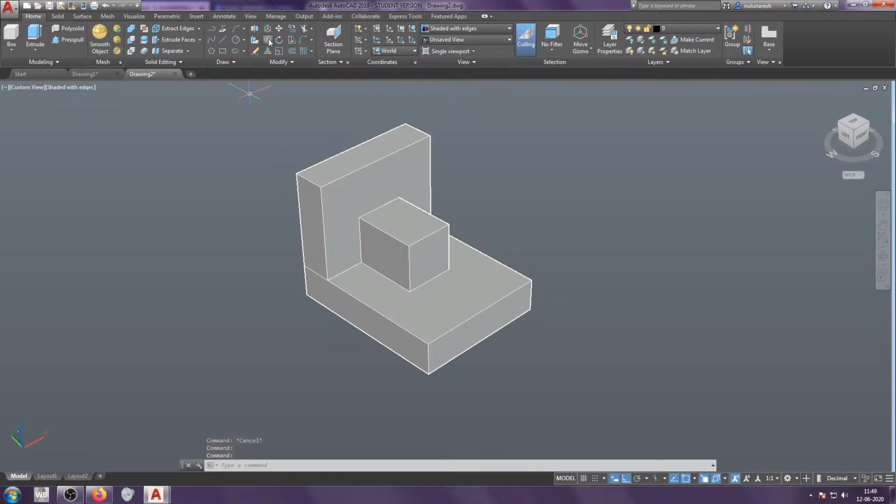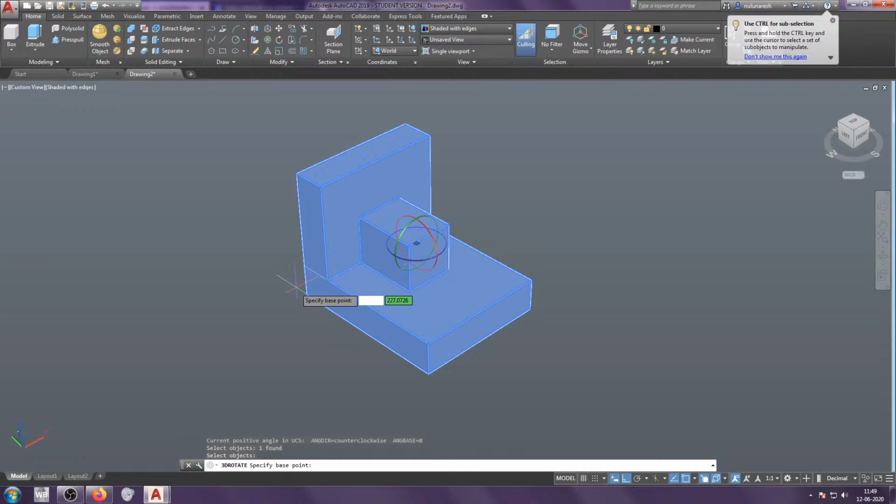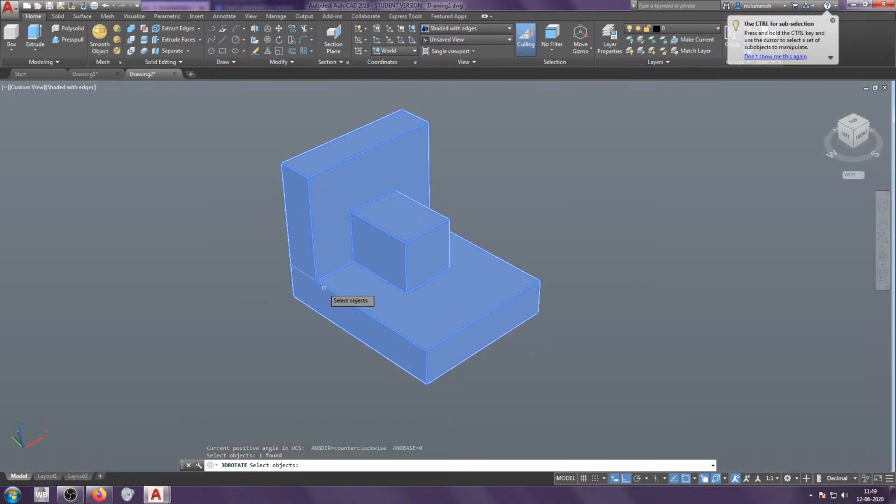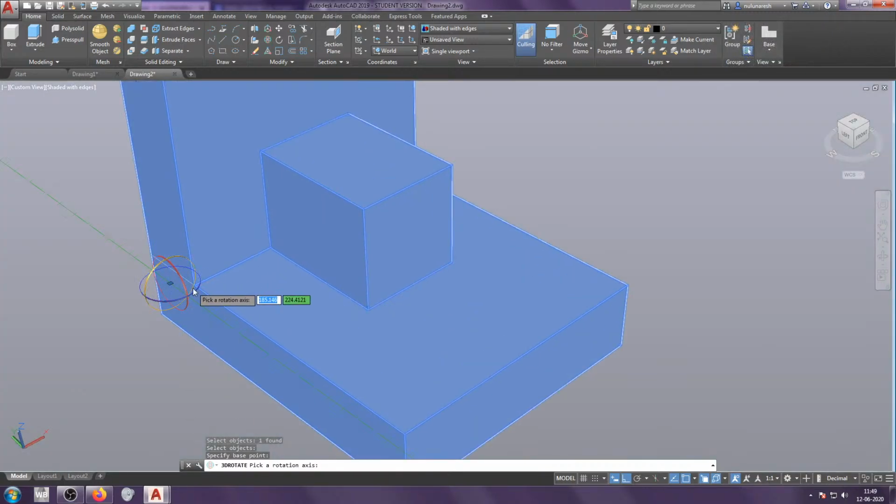Now I'm gonna take the 3D rotate command. This one is not working. Since the orthogonal mode is turned on, I will be able to rotate this one.